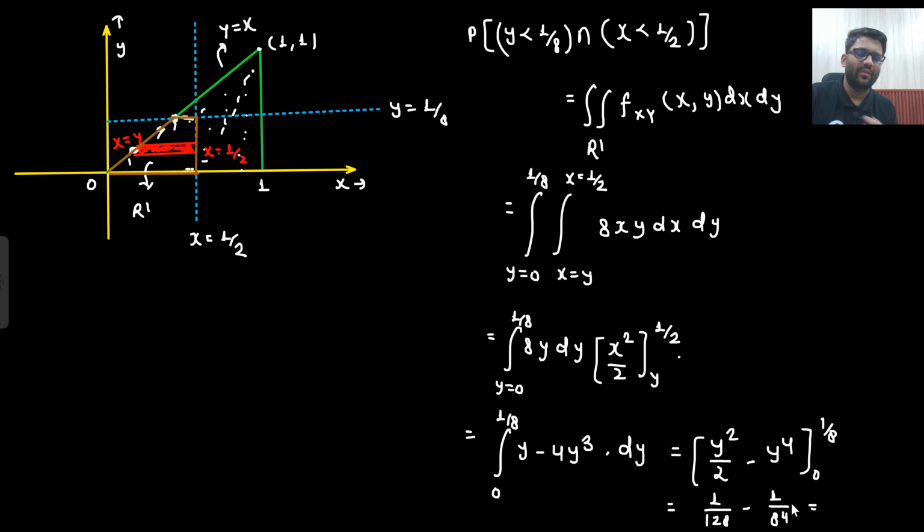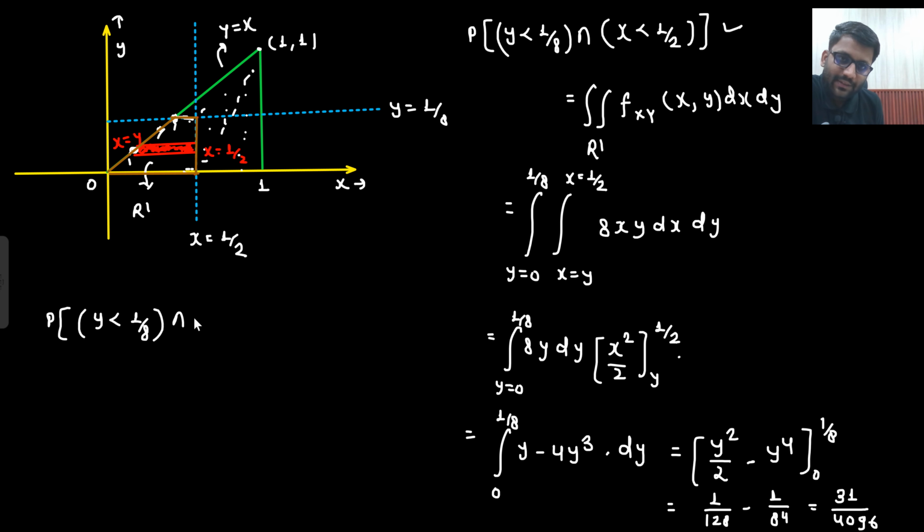After the calculation, this answer comes out to be 31 by 4096. Okay, so this job is done. Which job is done? That we have found the probability of y less than 1 by 8 intersection x less than 1 by 2. So this is coming out to be 31 divided by 4096.